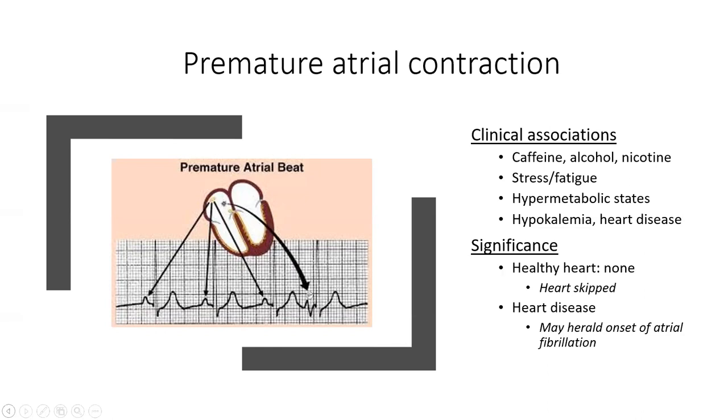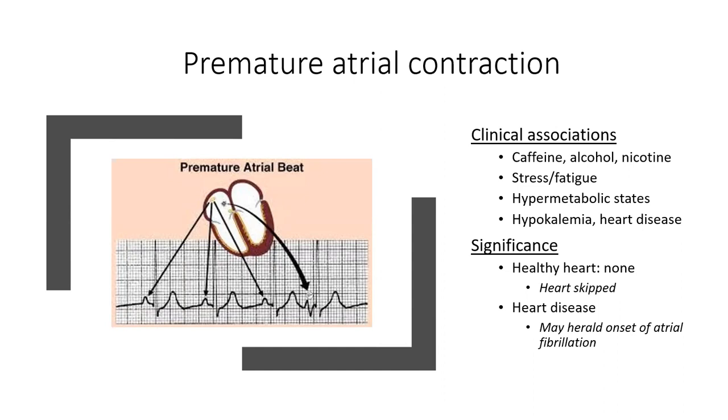Your P wave is early and a different P wave may be seen or may be hidden in the T wave. Your PR interval, the early P wave has a shorter than normal PR interval, but is still between 0.12 and 0.20. And your QRS ratio is usually 1:1.